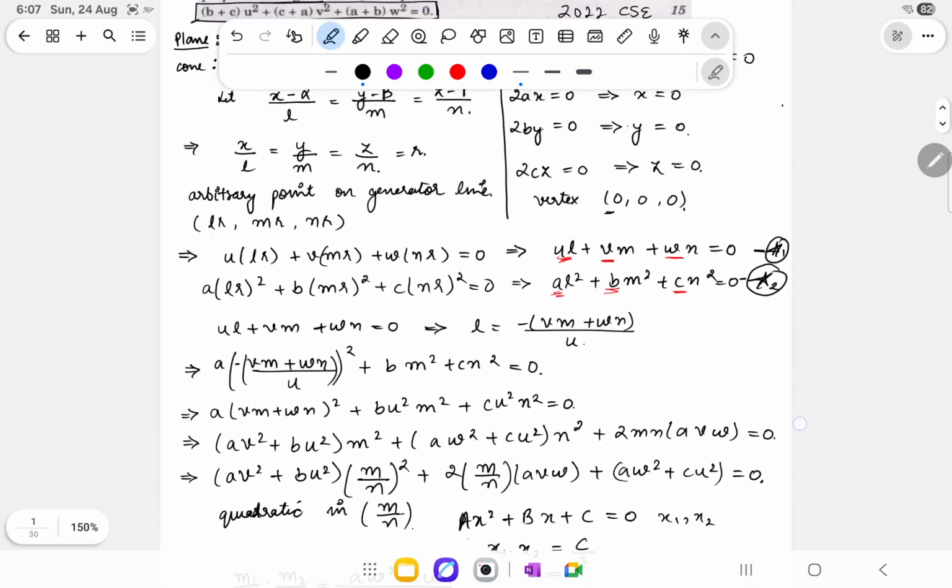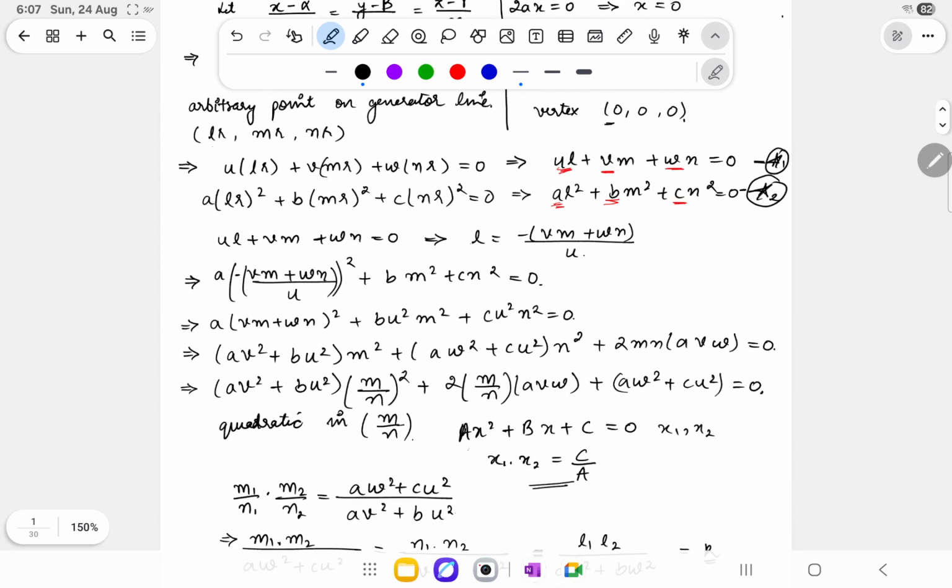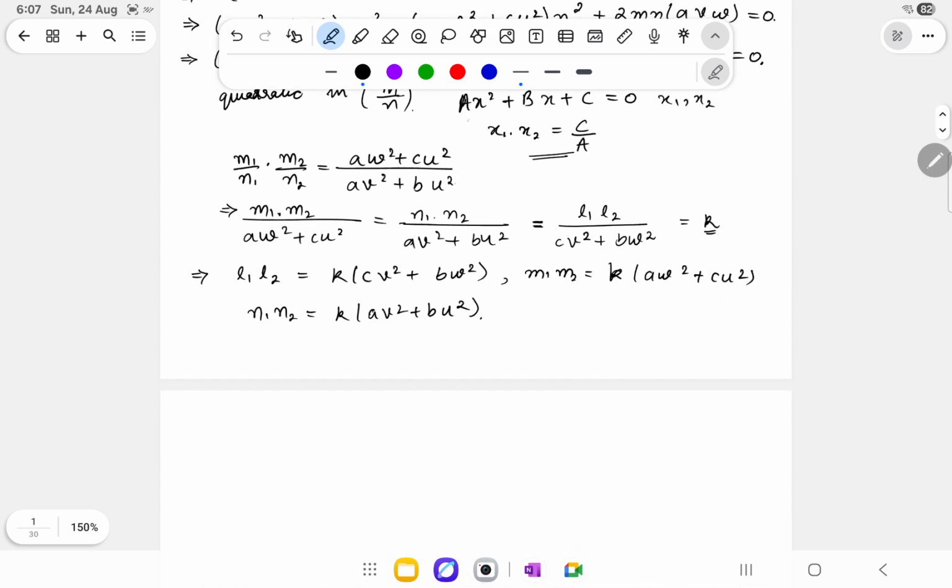And the question says that the plane cuts the cone in perpendicular generators, and we know that two lines are perpendicular if L1 L2 plus m1 m2 plus n1 n2 equals 0, where L1, m1, n1 have the usual meanings.